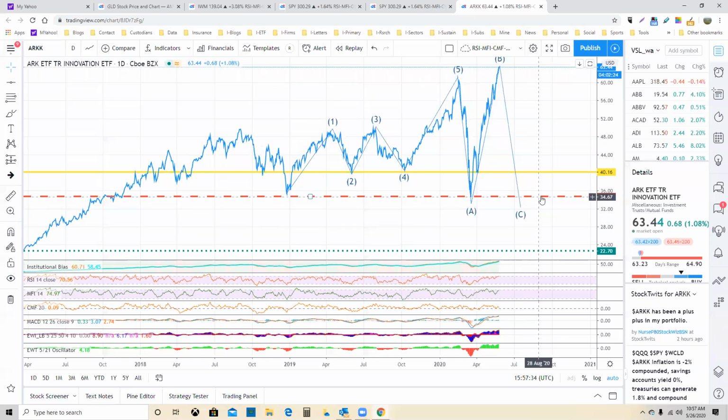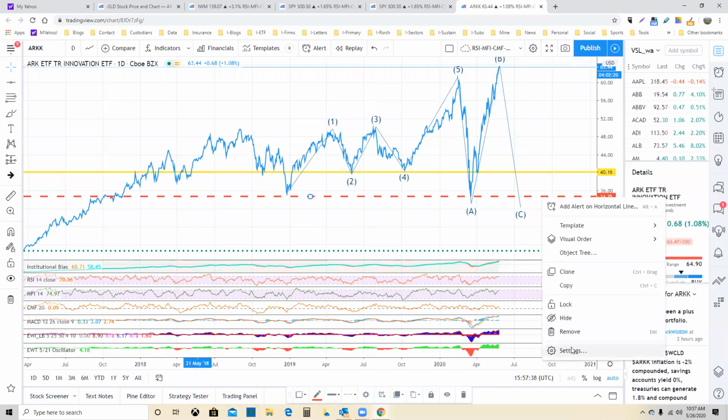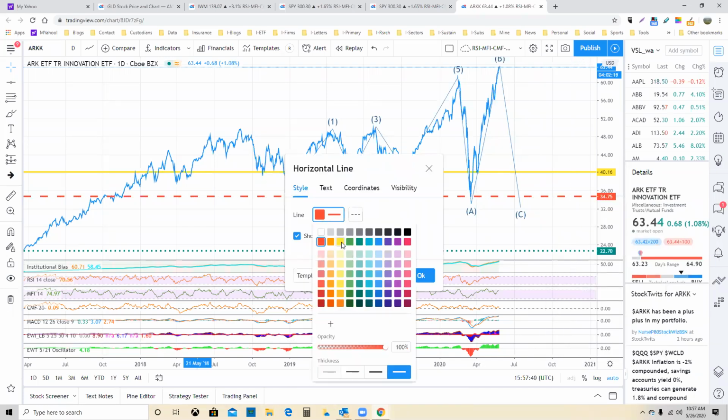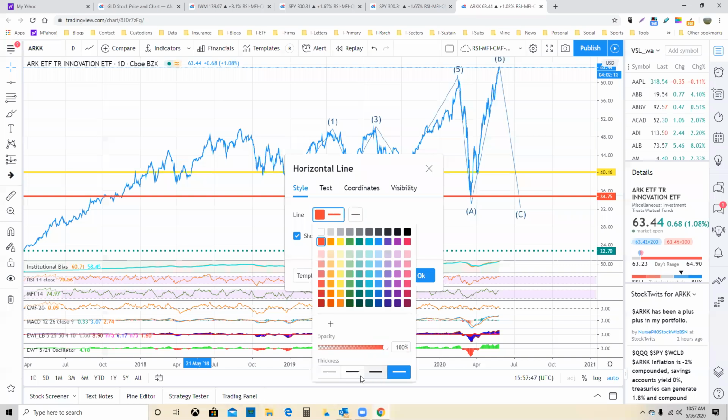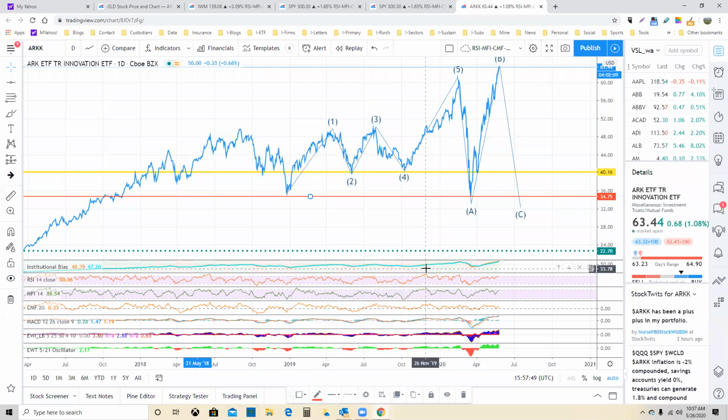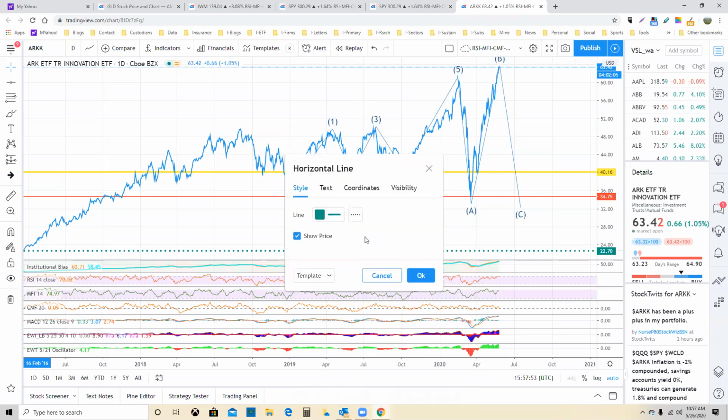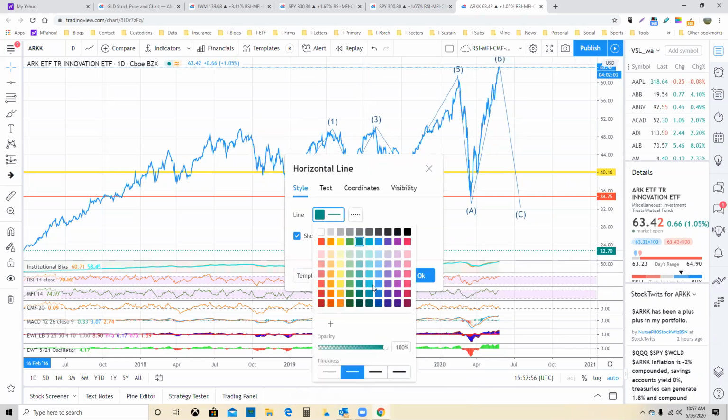I really would. I'd have a hard time buying ARK above 40. I think that's probably... Oops, that's what I want, this solid line, not as big, right? Trying to make these solid now.